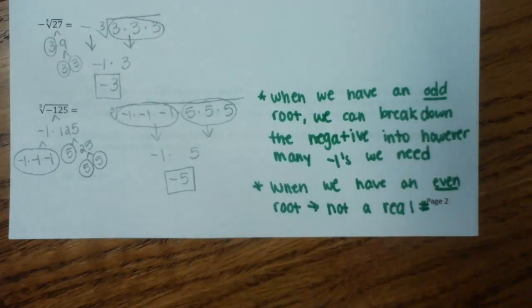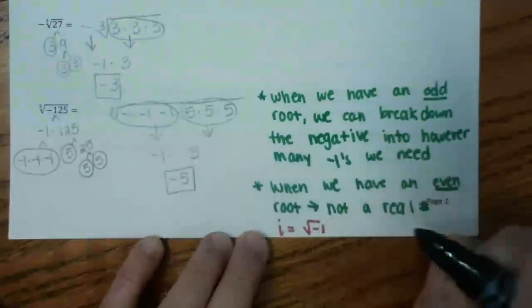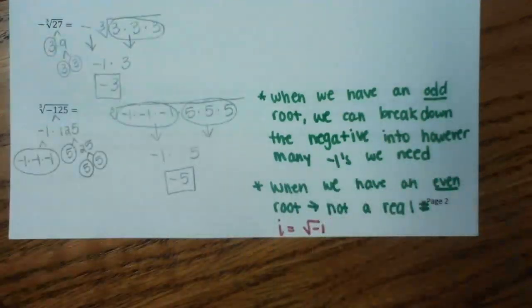Remember that we have up here, we said we have i, which is the square root of -1. It's only the square root, and it's only -1. That's our only weird case. But we do have a weird case. So let's leave that there for now. Let's go to the next page.